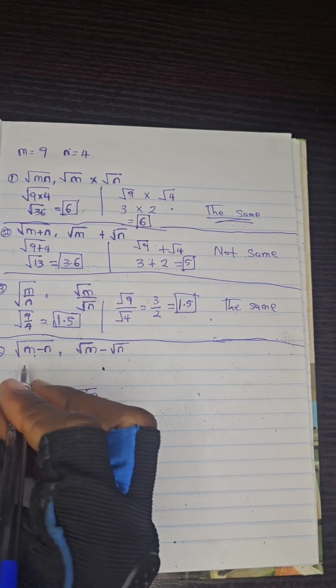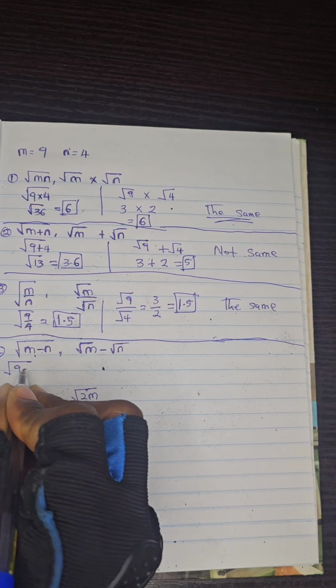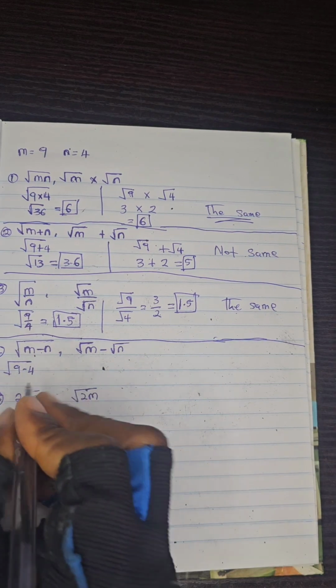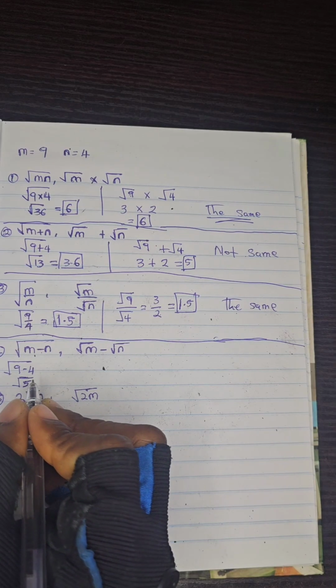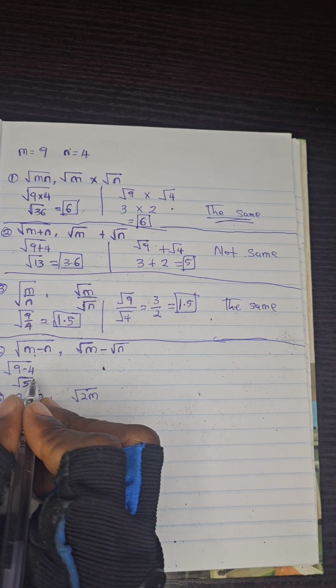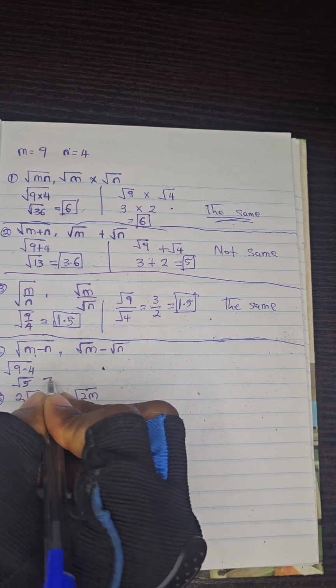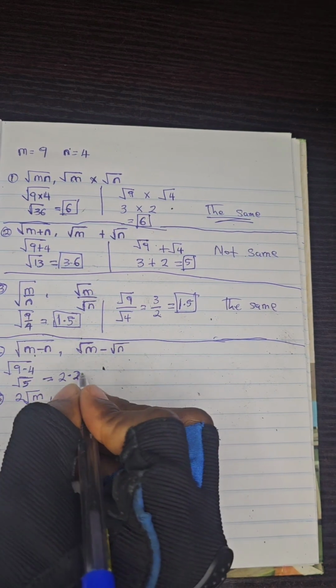The next example, solving for this, it will be square root of 9 minus 4, which will give us the square root of 5. So when we solve for the square root of 5, we get 2.24, rounded to 2 decimal places.